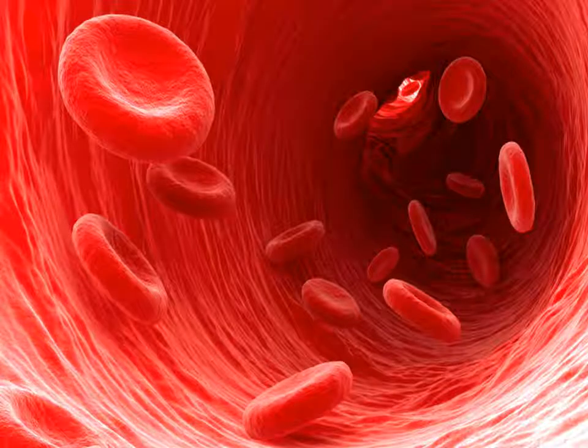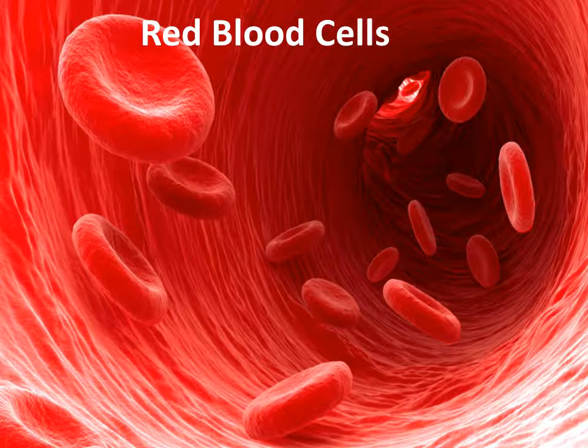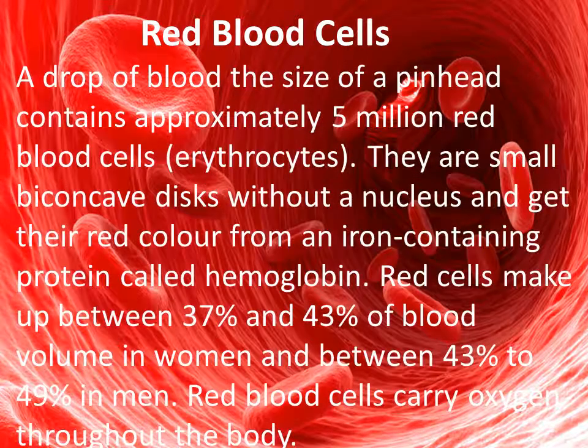Next we are going to study RBC, the red blood cells. Another name for RBC is erythrocytes. The technical name of the RBC is erythrocytes. As you can see in the diagram, the RBCs are biconcave disc-like structures.